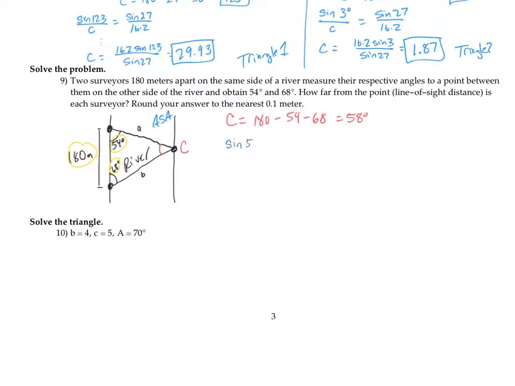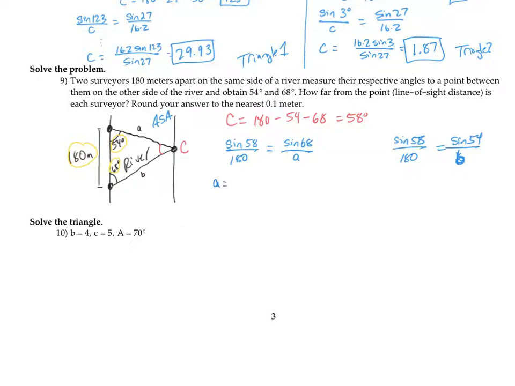Sine of 58 over 180 meters is going to be sine of 68 over A. And of course, I could do the same thing with B. Sine of 58 over 180 is sine of 54 over B. That's a B there, right? Because these guys are opposites here. So just solve those two equations and we got it.